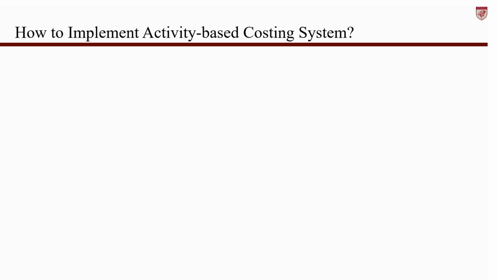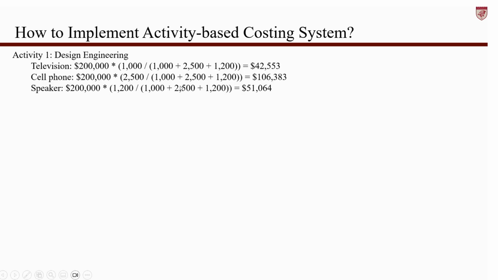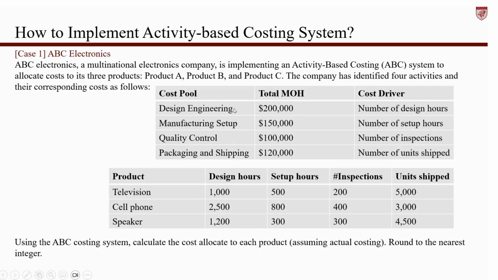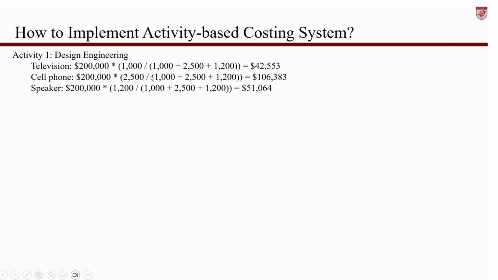So assume that you are done with it. First, showing you with activity 1, design engineering, you would first have to calculate the activity rate, which I have done at the same time by multiplying with the consumption of those activities.